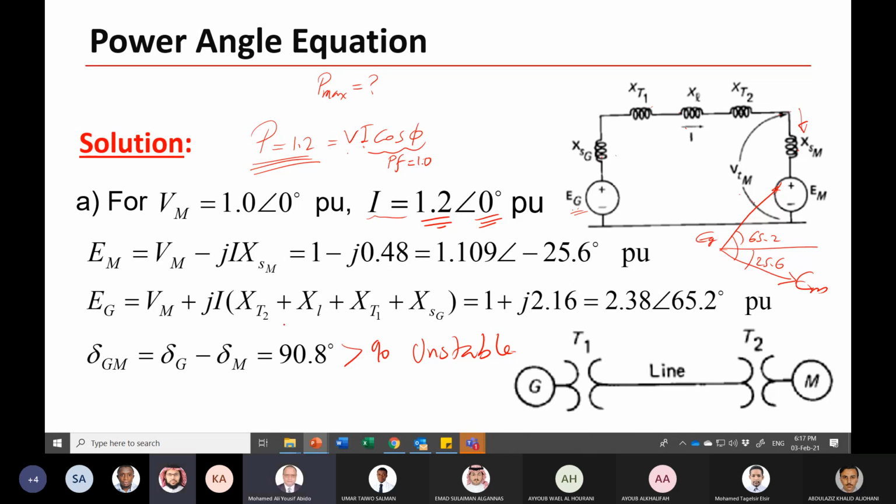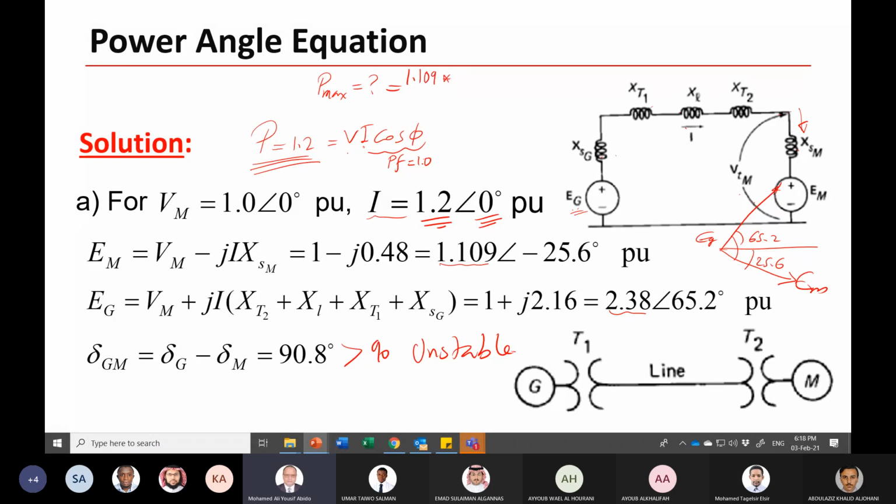Less than. B max less than? Let us calculate it. B max equals 1.109 multiplied by 2.38 over the total impedance. If you have a calculator, you can calculate it directly here.